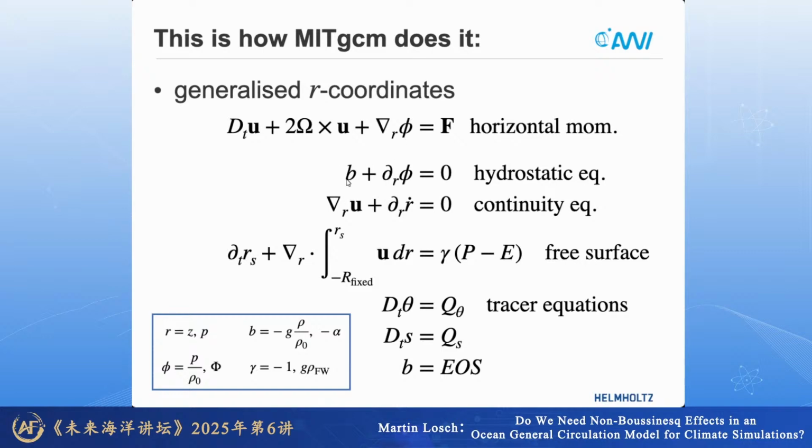B is either the buoyancy, so this would be the hydrostatic equation, rho over rho naught times g, or the specific volume alpha, which is basically also just 1 over rho. Both of them can be determined from the equation of state, EOS.